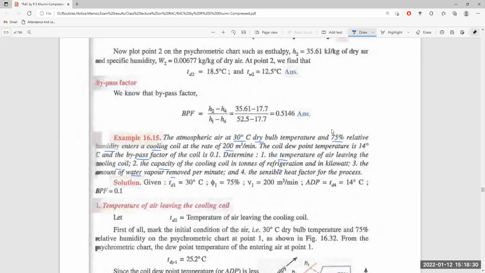We know atmospheric air at 30-degree dry bulb temperature means the temperature measured when the thermometer is dry and has negligible moisture is 30 degrees centigrade.